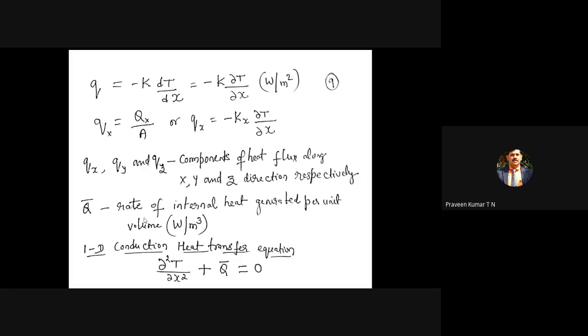But when you come to a steam turbine, within the turbine blade there is no heat generation, because the enthalpy of the water is already increased during its heating in the boiler.